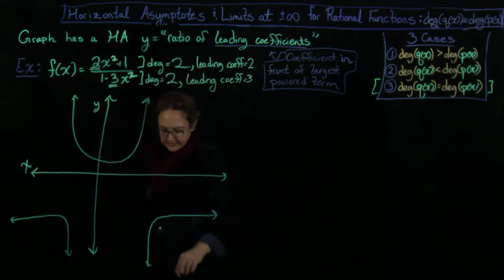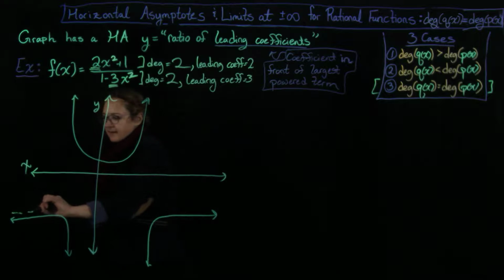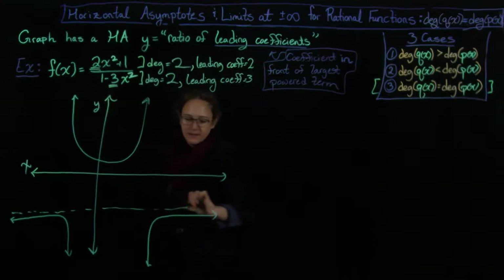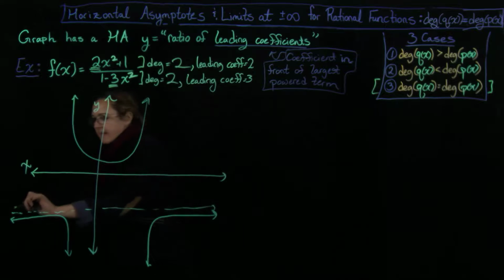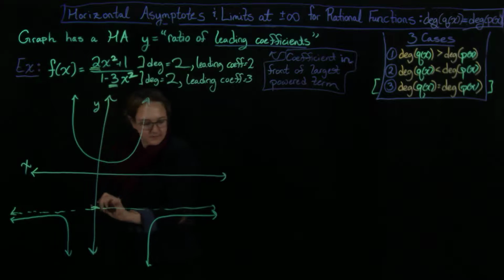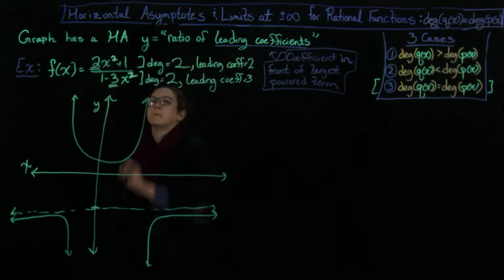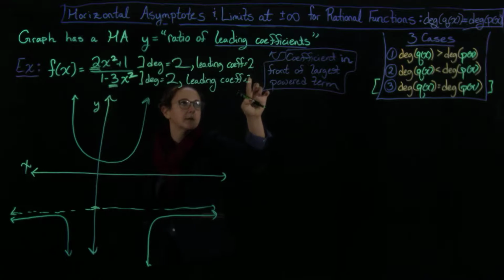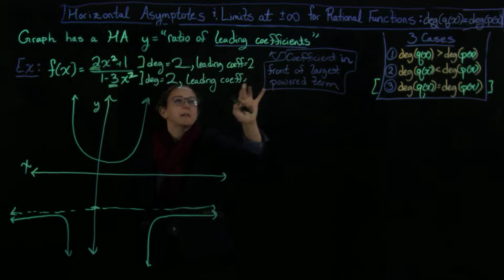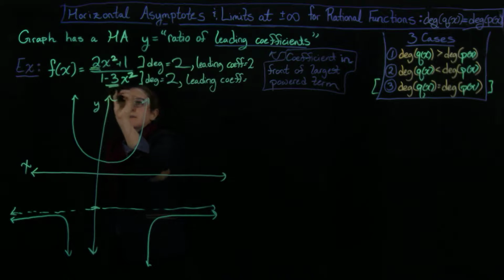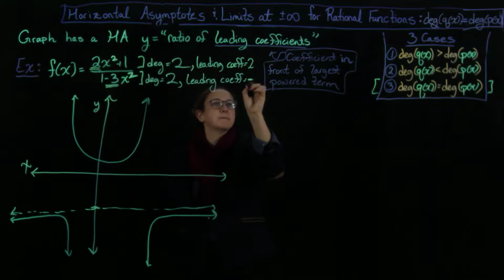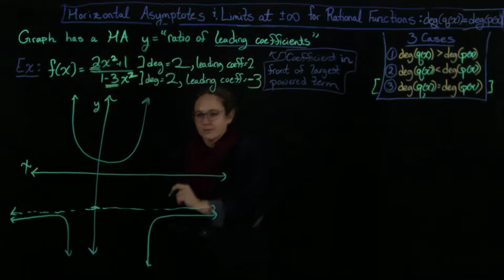You should see here's my asymptote at y equals minus 2/3. Oh, this is a minus 3. I screwed that up. We've got to catch that there's a minus sign in front, so this is actually a minus 3. Good thing we caught that.